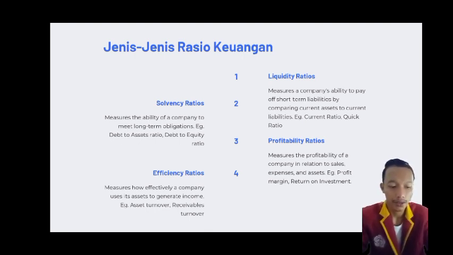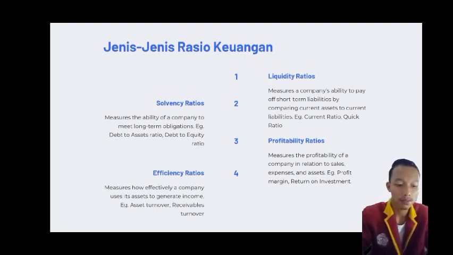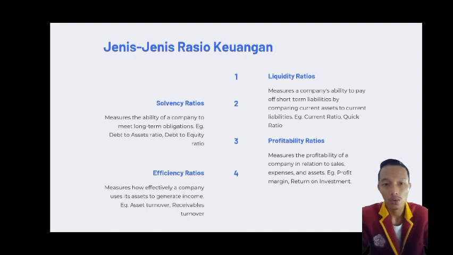Types of financial ratios. Point number 1, liquidity ratios. Measures a company's ability to pay off short-term liabilities by comparing current assets to current liabilities. Examples: current ratio, quick ratio.